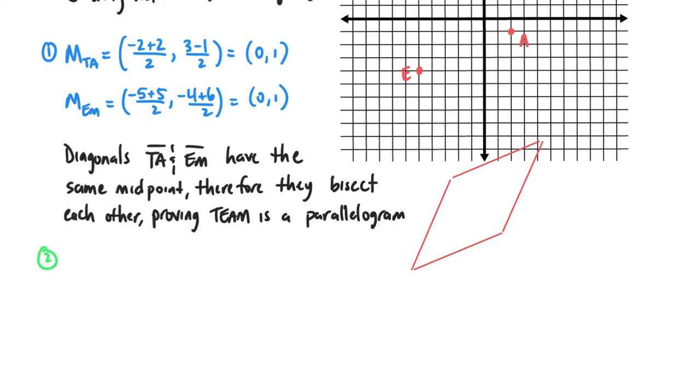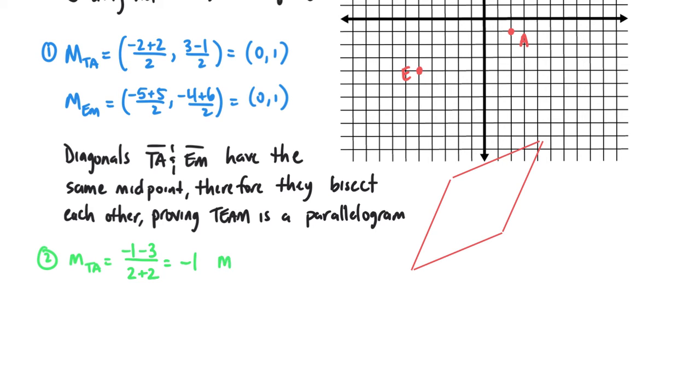Perpendicular means two slopes. So I'm going to do the slope of TA. So that's going to be -1 minus 3 over 2 plus 2. And so that's -4 over 4, which is -1.